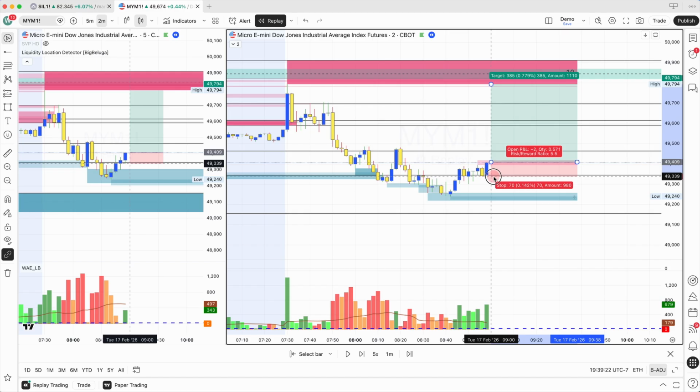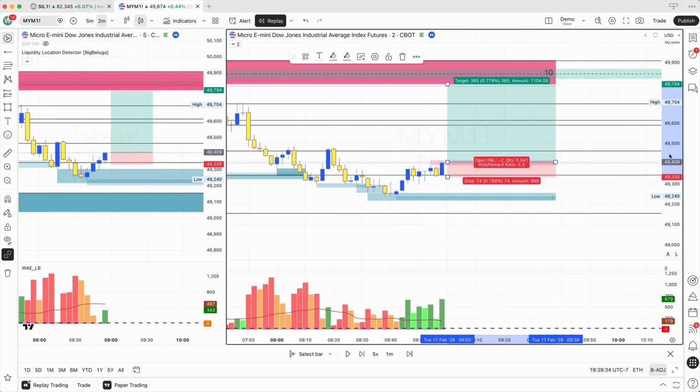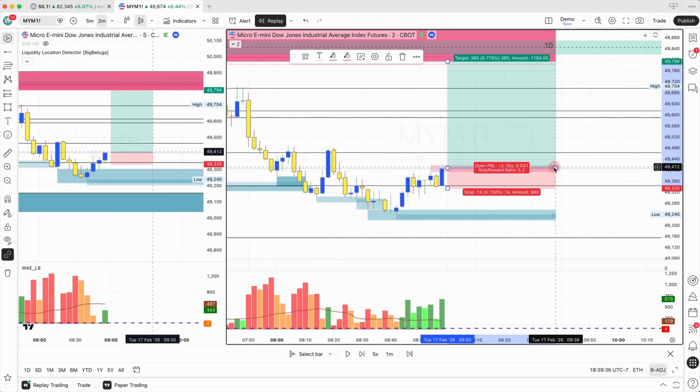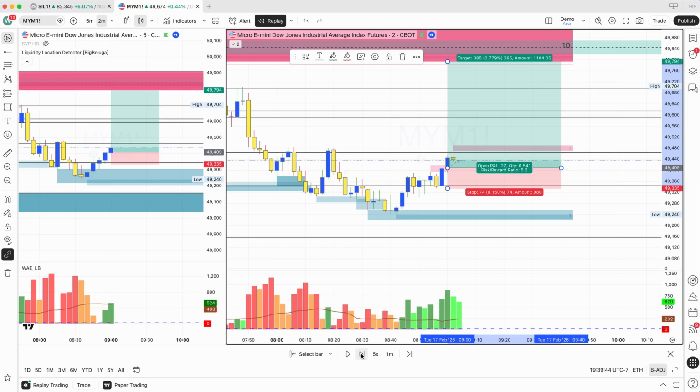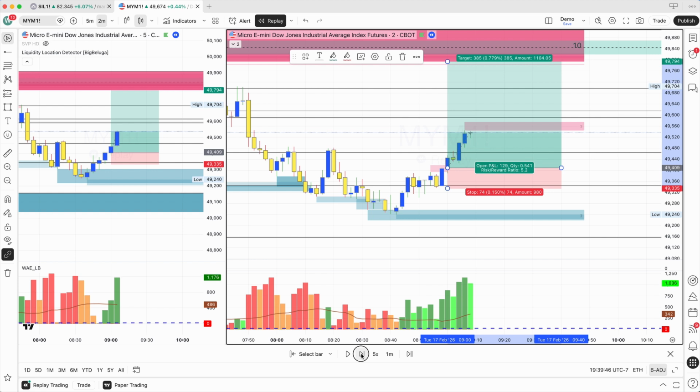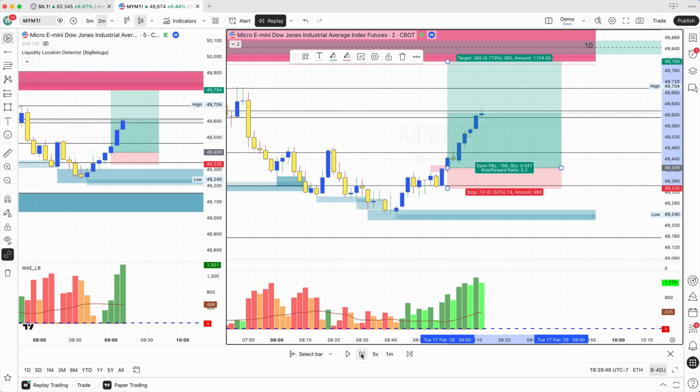I'm going to put my stop again on that line because I don't want to lose a whole lot of money. So I'm going to put it just below that last bearish bar and hope for the best. And again, I'm keeping an eye on the left-hand side to see what's happening.